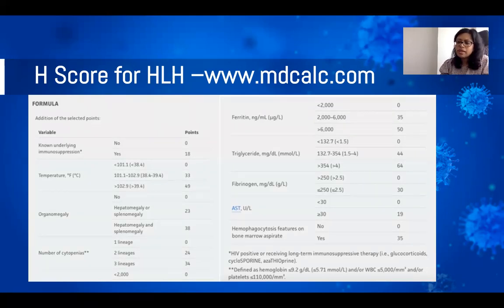Here you can also input if they've had a bone marrow and whether there's hemophagocytosis, but it's not necessary to do it. An HScore greater than 169, for example, is quoted to have a 93% sensitivity and 86% specificity for HLH.